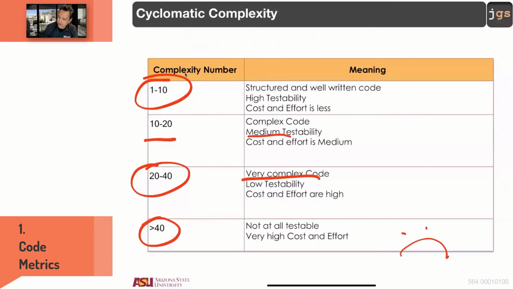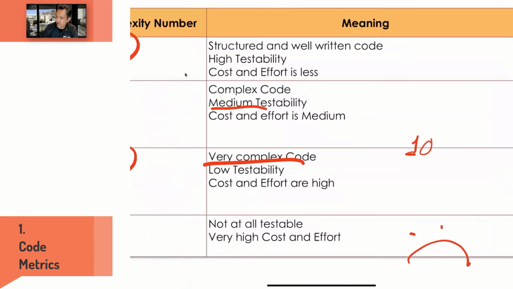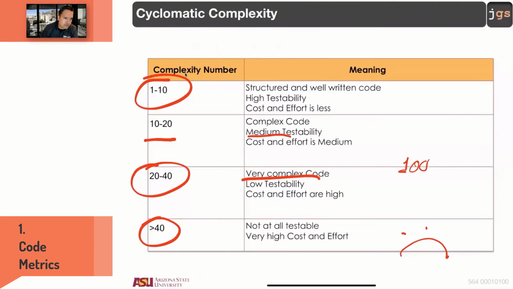When you have a method that has 100 lines of code, maybe that method has a cyclomatic complexity of 50. Because somehow, more conditions usually means more lines. So when you have a high cyclomatic complexity, that is more or less connected with a high number of lines of code.